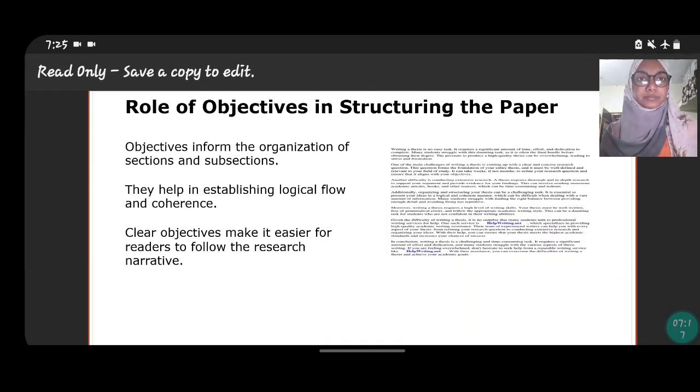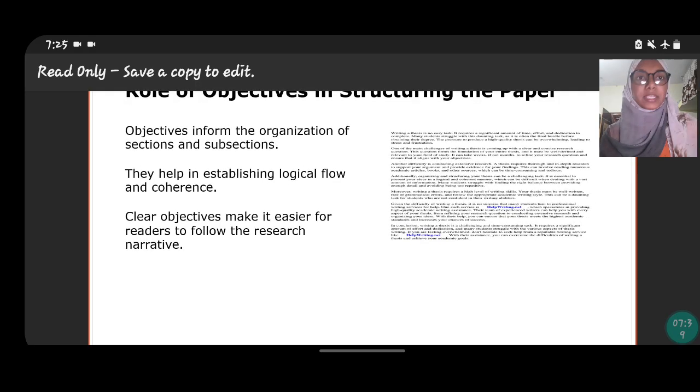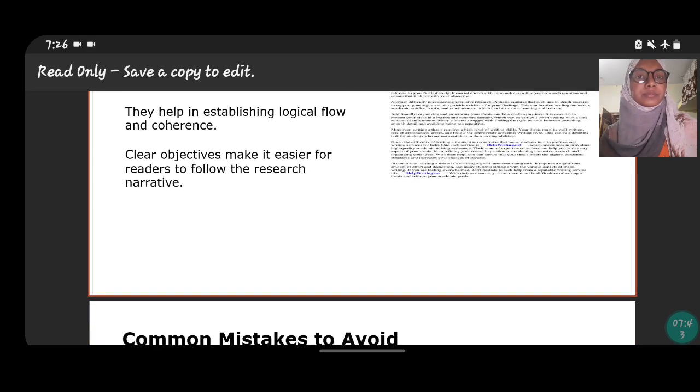Like, it has some sections and subsections. They help in establishing logical flow, like after this, this will happen. Clear objectives make it easier for the readers to follow the research narrative.